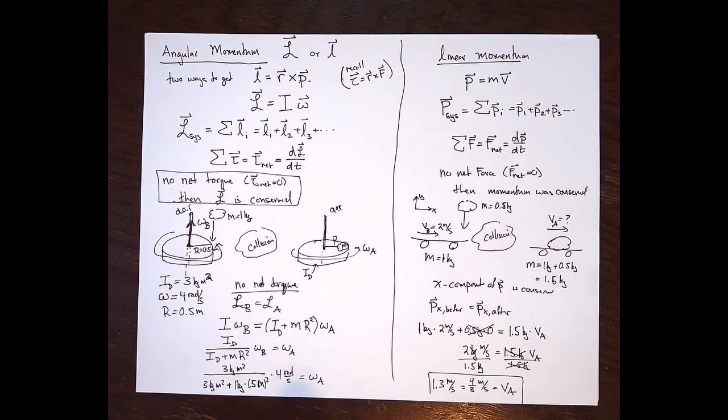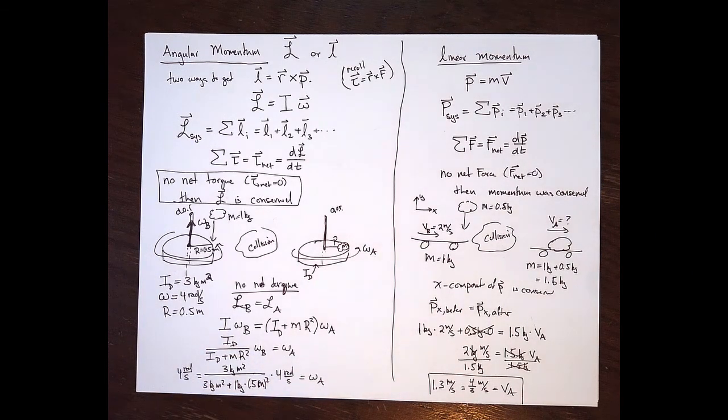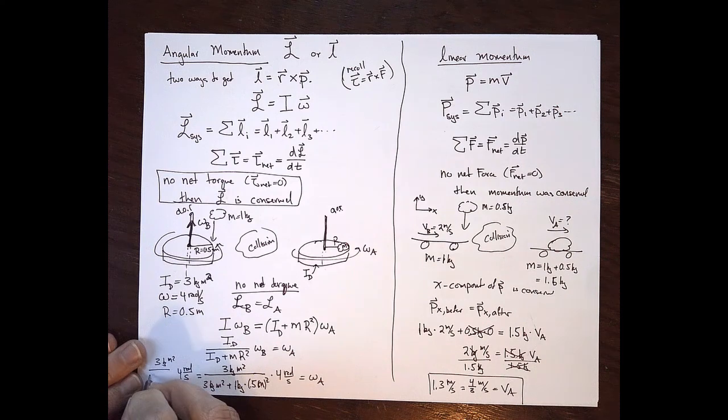All right, and if we go through and do the math, what do we get out? Now this will just keep the 4 radians per second for now, but this guy will be 3 kilograms meters squared over 3 plus, all right, 1 and 0.5 squared, so that'll be 0.25 times 1, 0.25, so this will be 3.25.